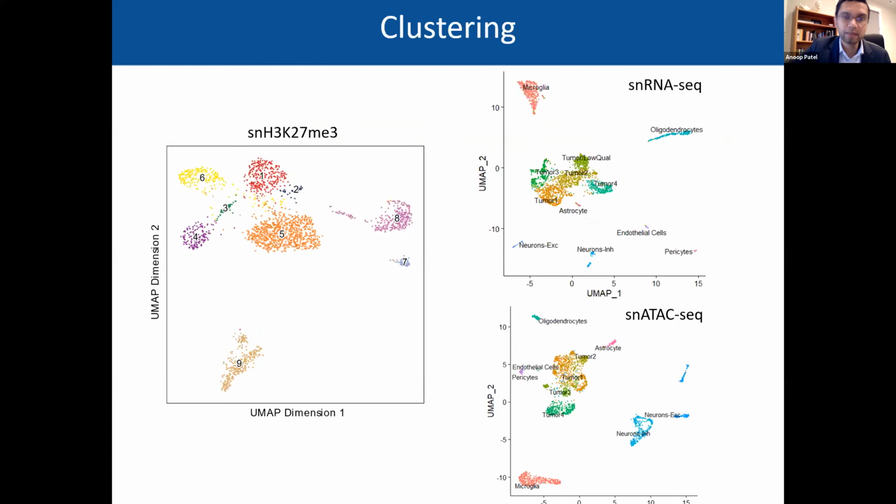And so then we turned to the issue of trying to figure out what each of these clusters in the single cell CUT&Tag data actually represent. Because we have RNA-seq and ATAC-seq data from this same patient specimen, we do have some a priori knowledge of what to expect on some level. But cluster annotation is an issue, because if you think about what K27 trimethylation data is really telling us, we're looking at regions where signal correlates with a lack of activity or a lack of expression.